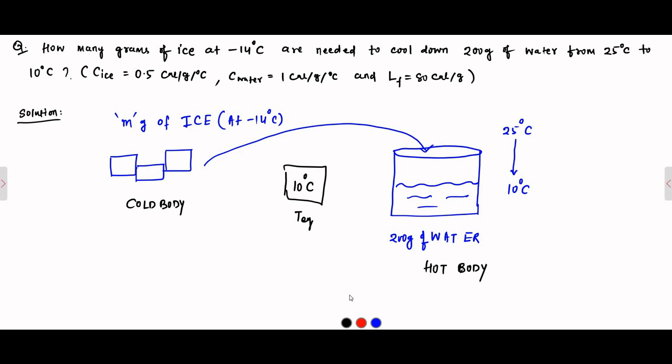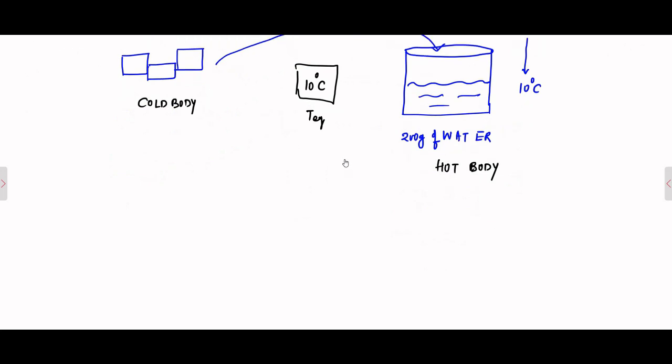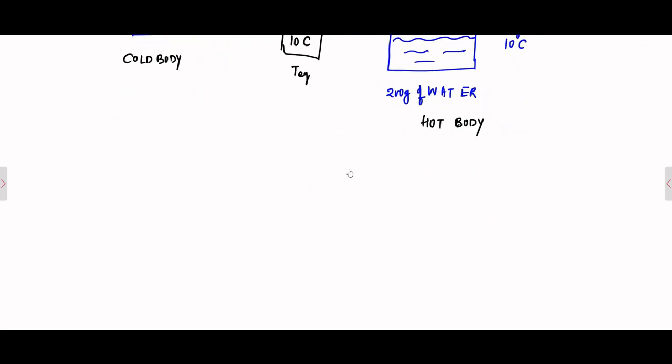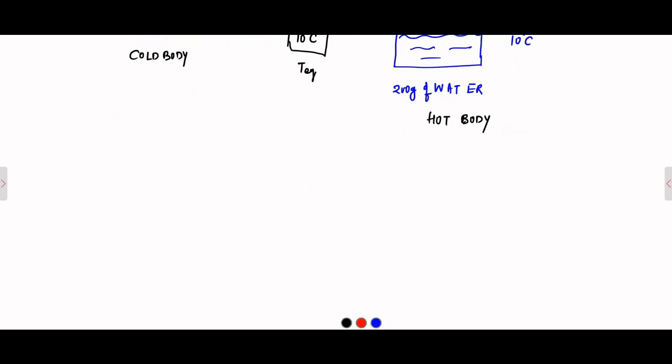So what will be the sequence of events of this whole transition process, how will it take place, that we'll see. Here this is not a strict order, I'm just noting down the events.